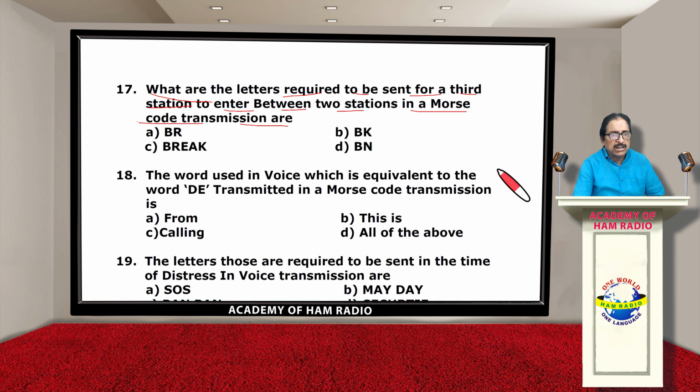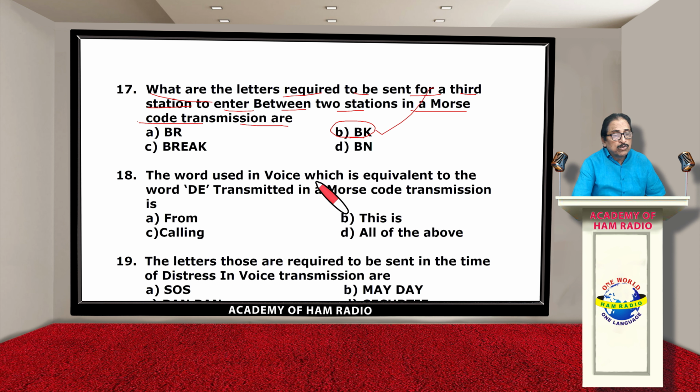When one station is passing the over to another station, some slight time gap should be maintained deliberately in order to give a chance to the breakers. So if other stations want to join in between, they have to send the letters in Morse code BK. BK means break. Answer is Bravo.